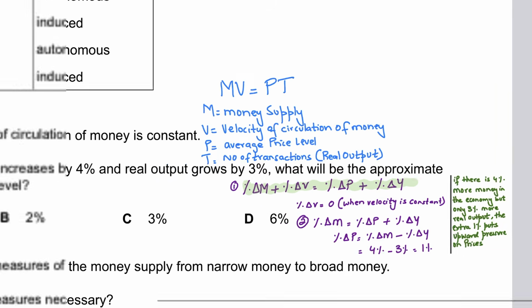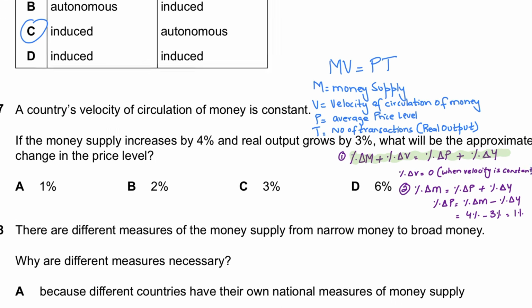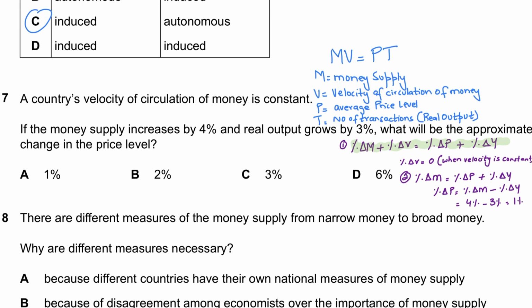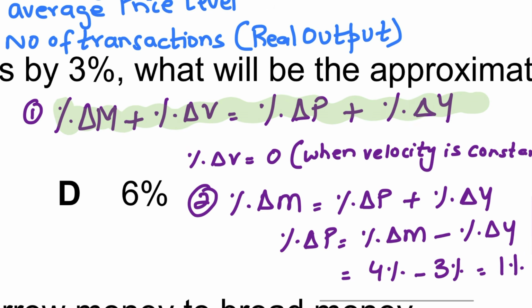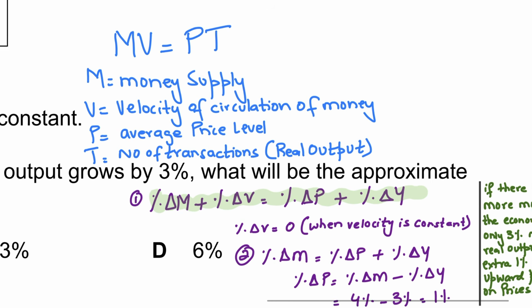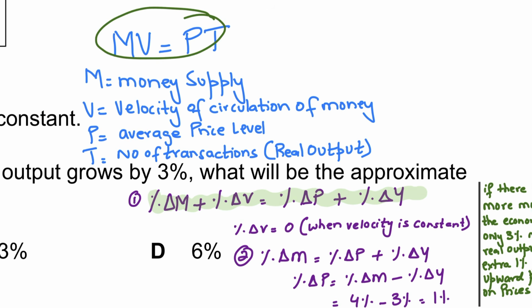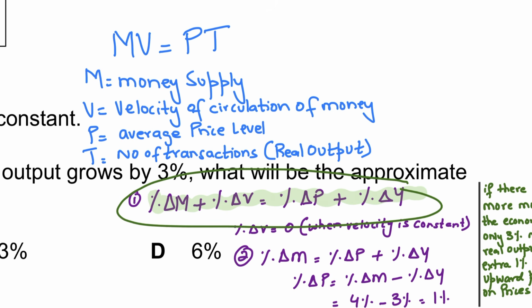Basically what you need to understand for these types of MCQs is that if you are given percentage changes in money supply and percentage changes in real GDP, then you will use this particular formula. You're rearranging it, but you'll only use this when you are given percentage changes.